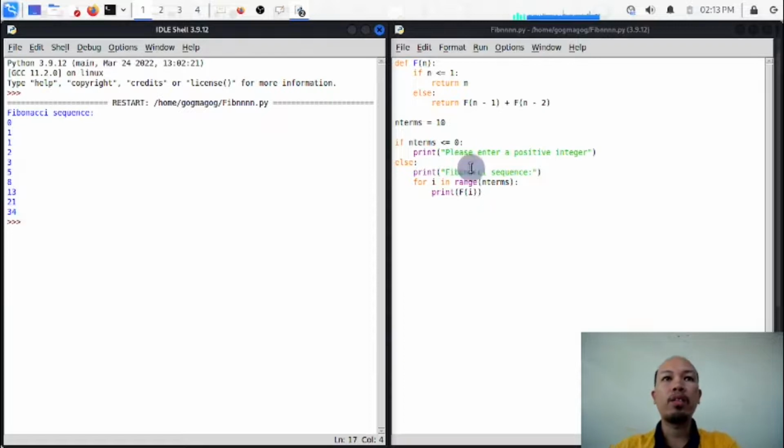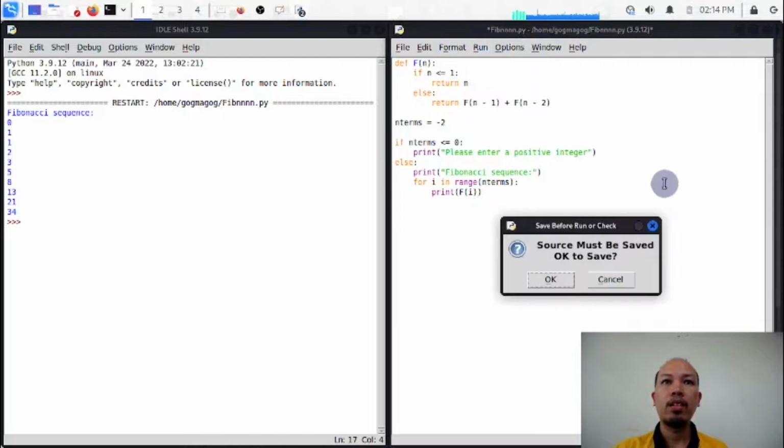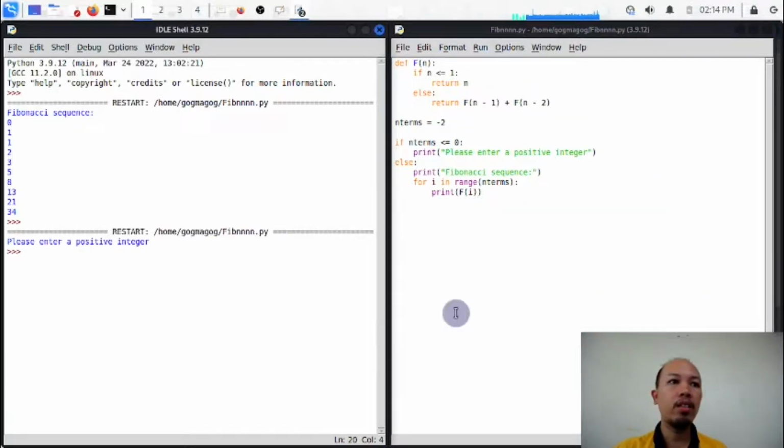Let's try negative 2. It says here, please enter a positive integer. Since n terms is equal to negative 2, it is less than or equal to 0, so it will print this message.